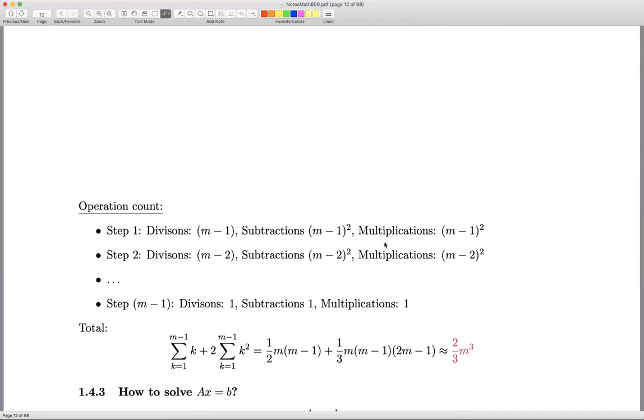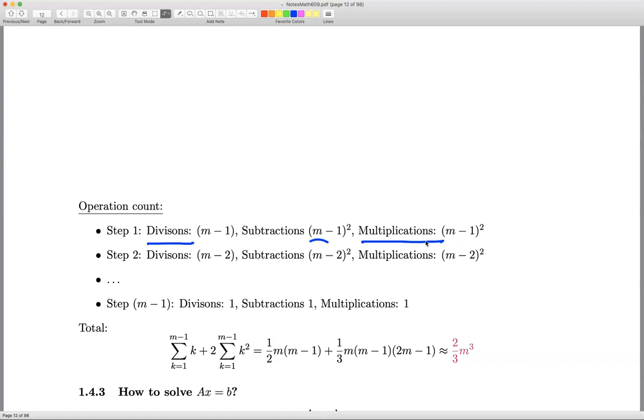Then the next step is to do the operation count. And let's see what are the number of divisions, subtractions, and multiplications here. As I said, in your book and in some books, they count only the number of divisions and multiplications because those are the most computationally expensive operations.